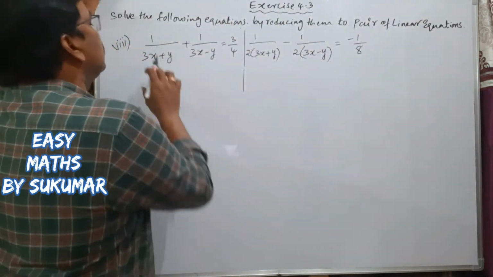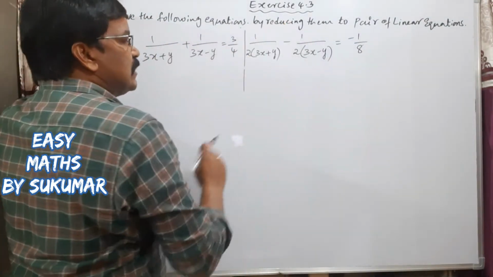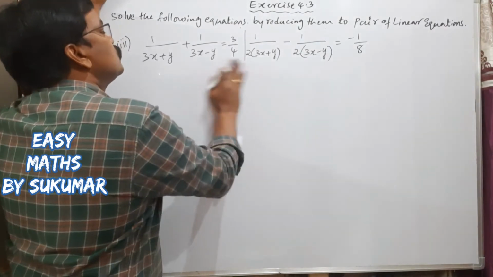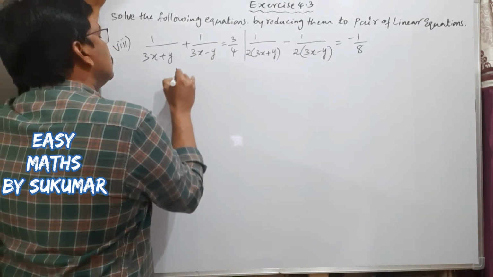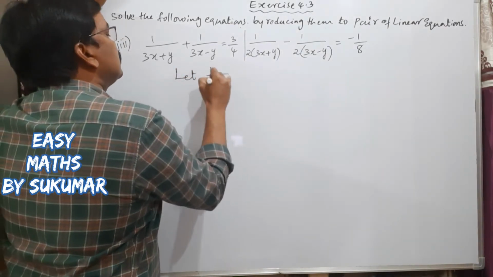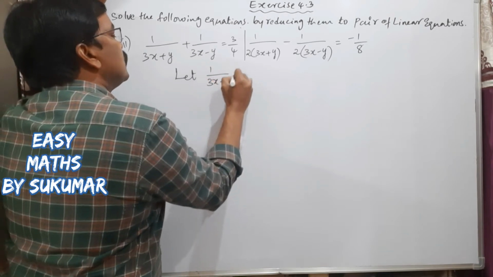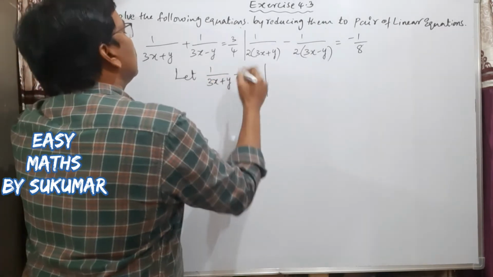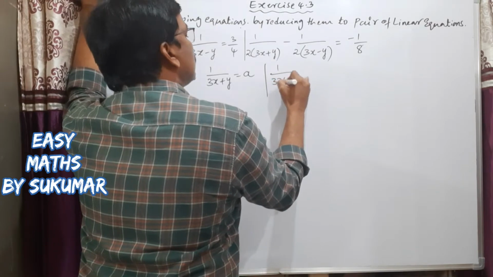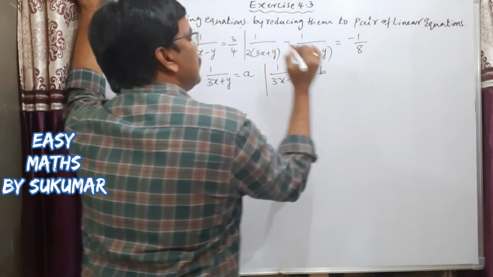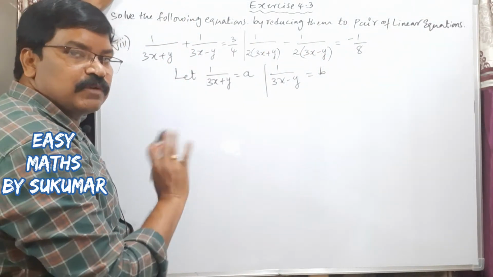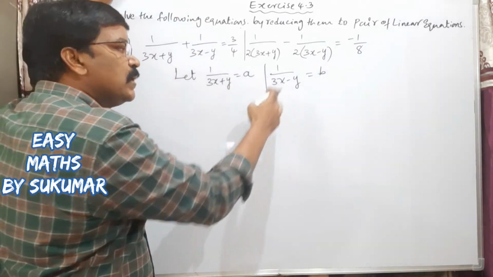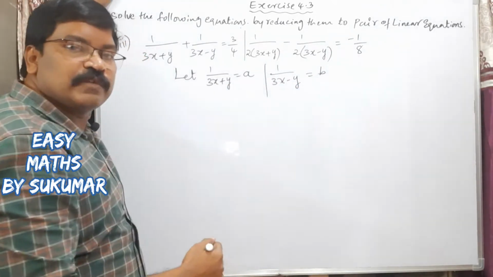Okay, here this 1 by 3x plus y is common. So my dear students, here let this 1 by 3x plus y is equal to a. Similarly, this 1 by 3x minus y is equal to b.